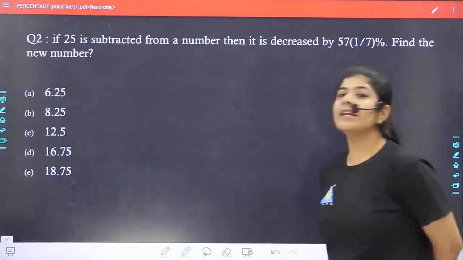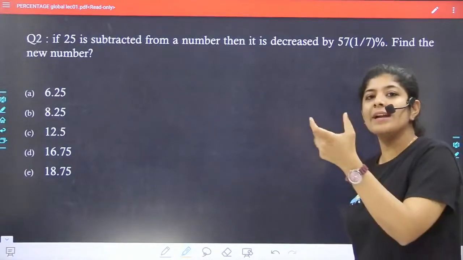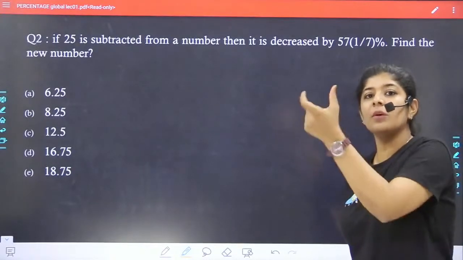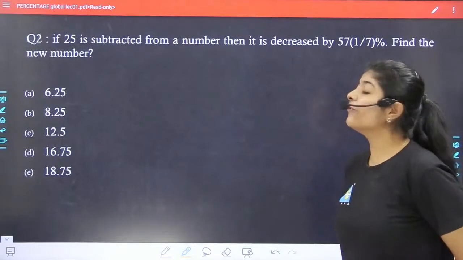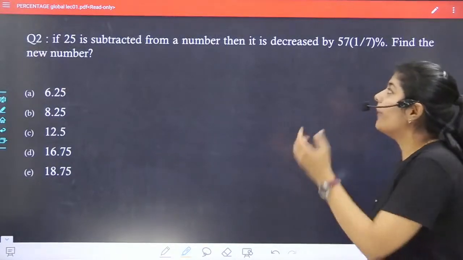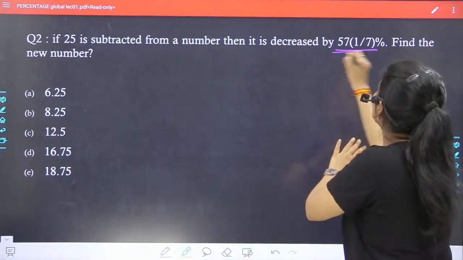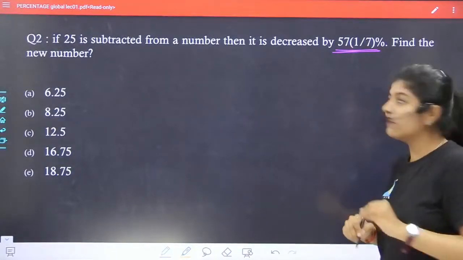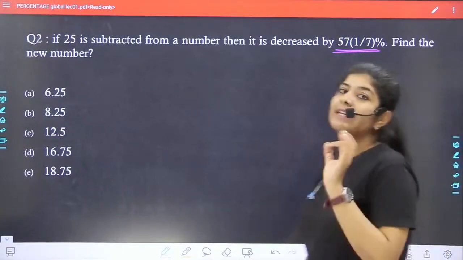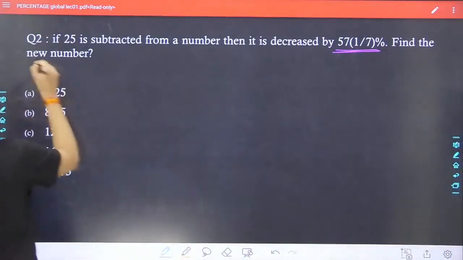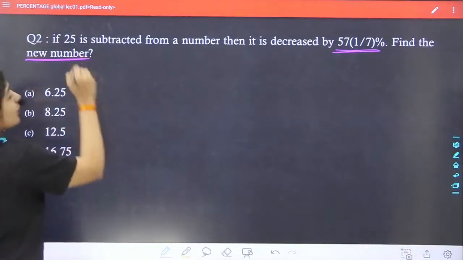If 25 is subtracted, now we are subtracting some amount from the original number. If 25 is subtracted from a number, then it is decreased by 57 1 by 7 percent. Find the new number.